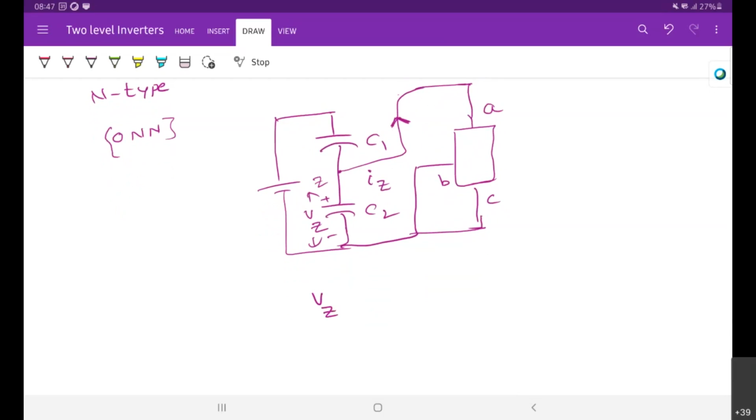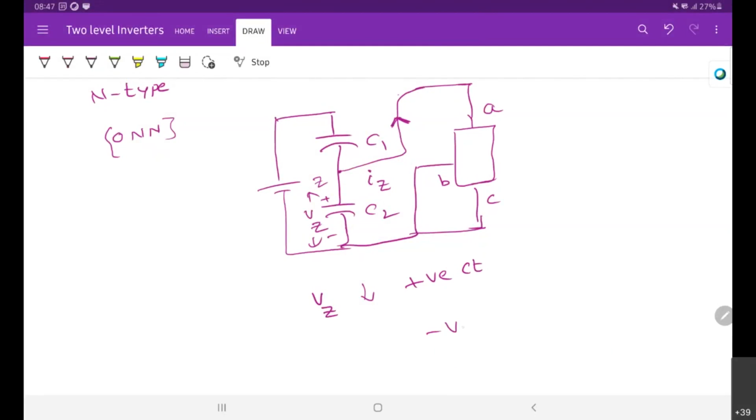What is the state of Vz in case of positive current? It decreases. This Vz decreases for positive load current, right?